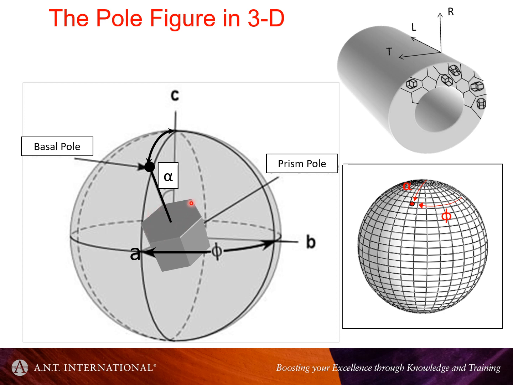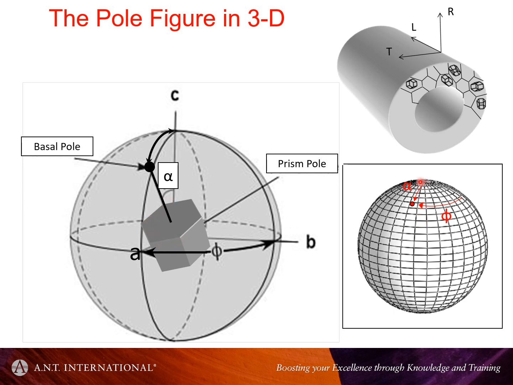And what we do is that we reflect X-rays or electrons or some other scattering probe off planes at particular orientations, and so we can determine, from the intensity of the diffraction, what volume fraction of the grains sit in a particular orientation.